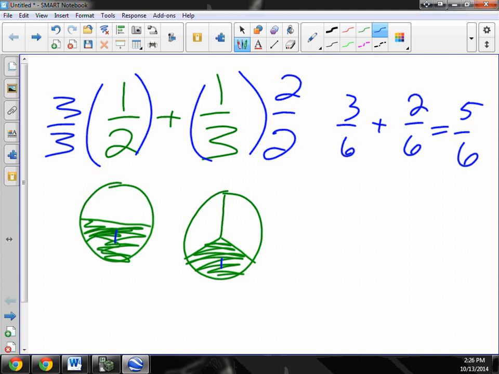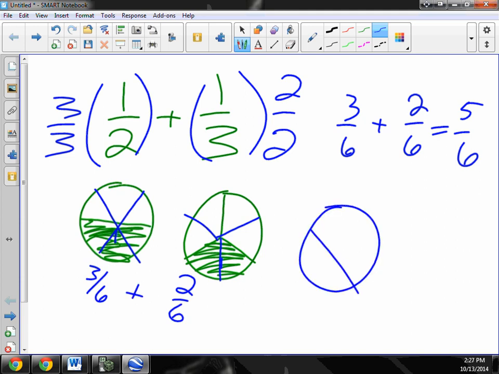The first one we divided into 6 pieces, and we have 3/6. The next one we also divide into 6 pieces, and we have 2/6. If I add those together, that would be 5/6.